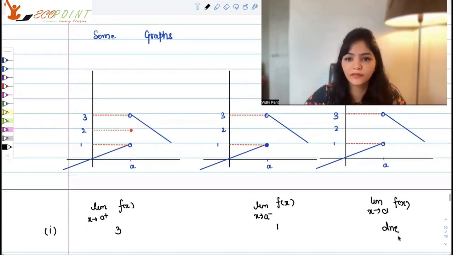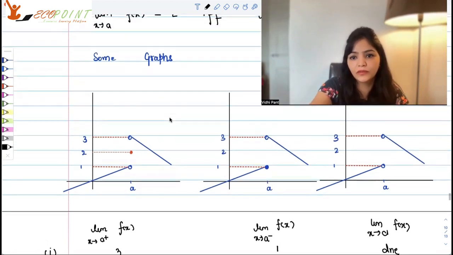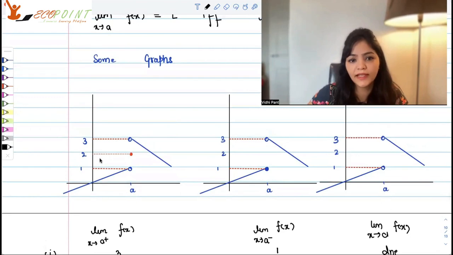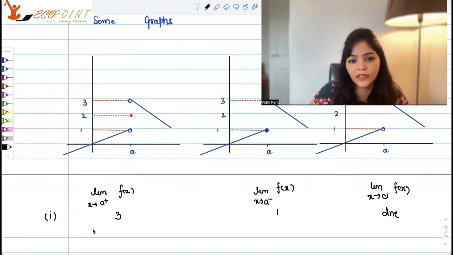The second graph. In the second graph, the limit as x tends to a minus again is 1, and the limit as x tends to a plus again is 3. What's the difference between the two? The difference between the two graphs is that we have defined f of a here. In the first case, we have defined f of a as 2.